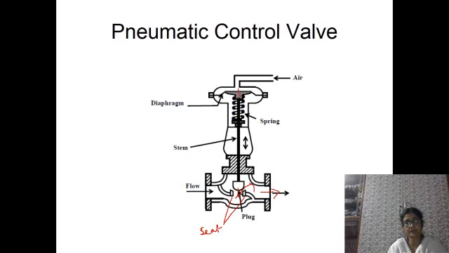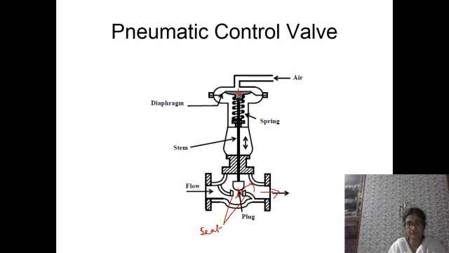The diaphragm will be pressurized downward. As a result, this is called the stem. The connecting portion of the diaphragm to the plug is the stem.